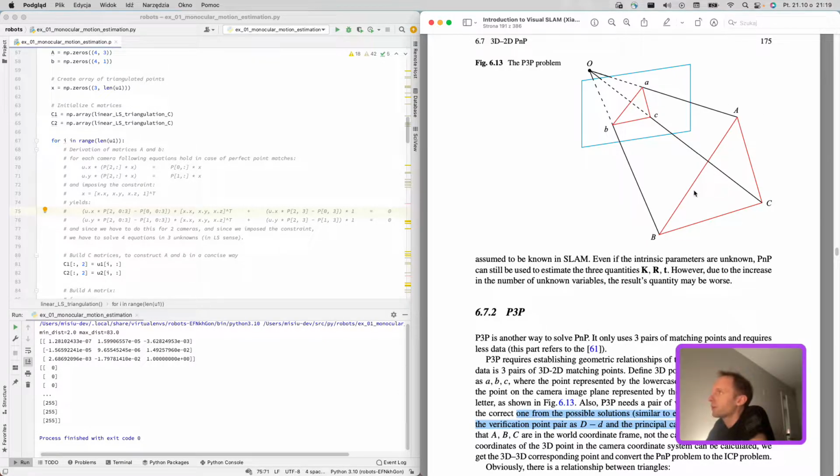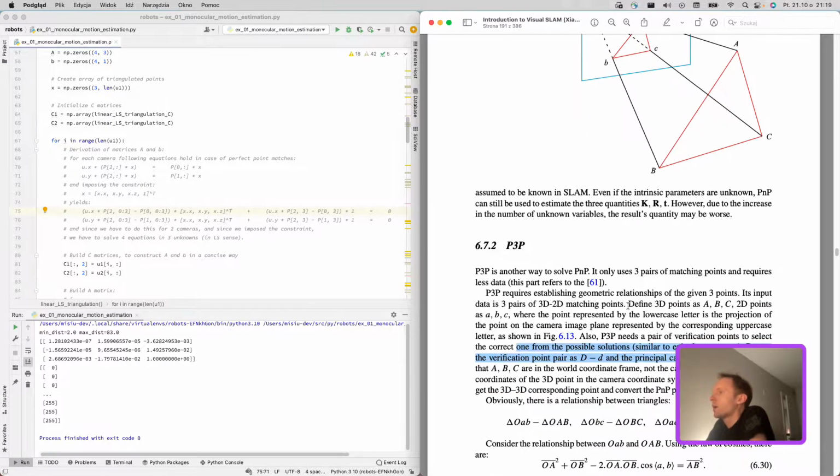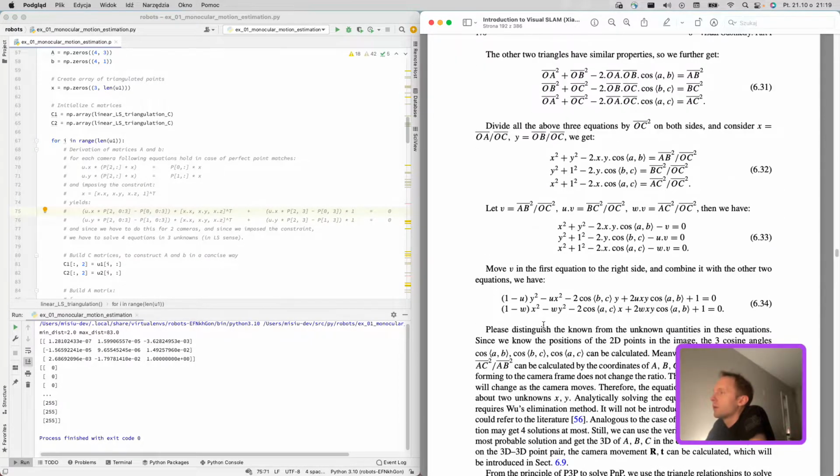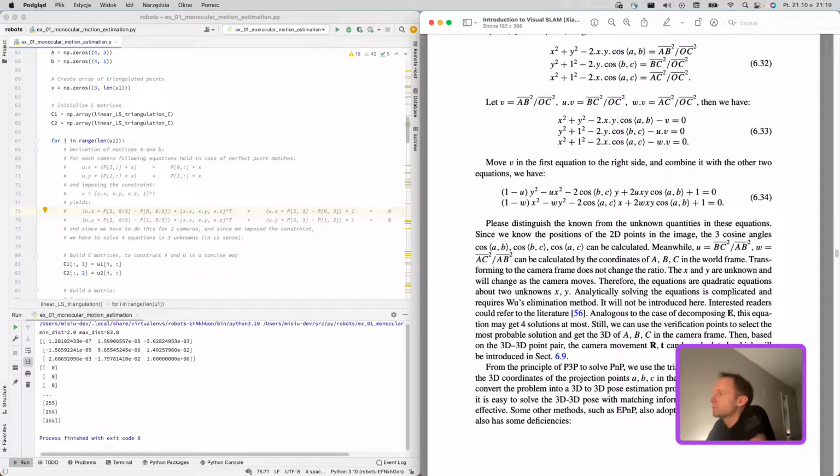Okay, so we have A, B, and C. We know the positions of the 2D points, and 3 cosine angles can be calculated.